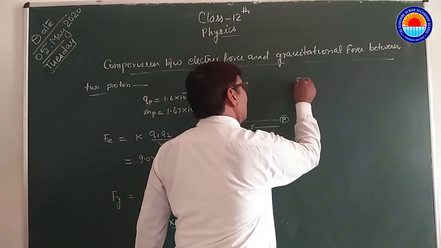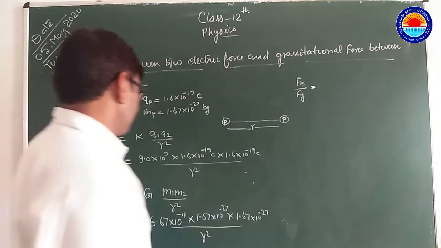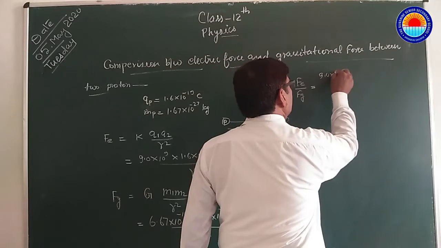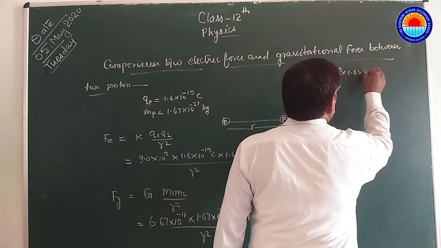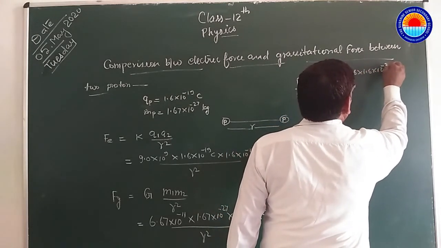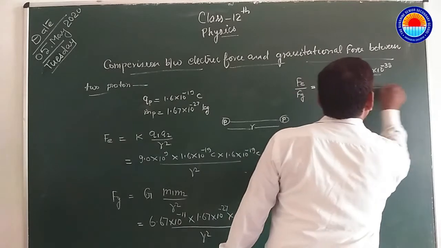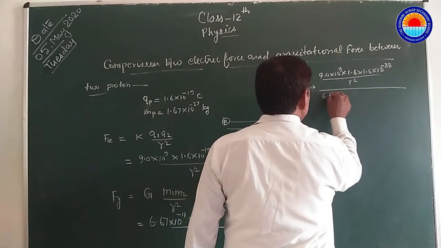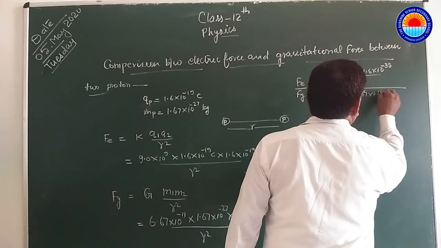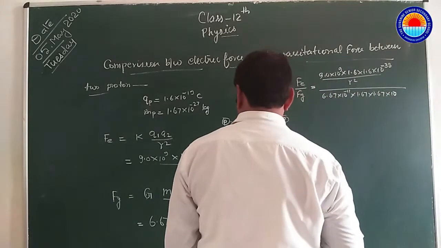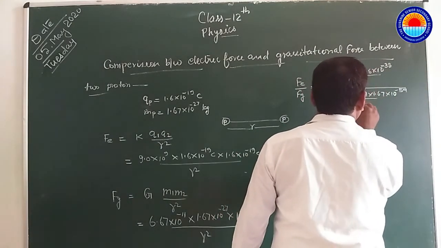Then we may find FE divided by FG. It will be equal to 9.0 into 10 to the power 9 into 1.6 into 1.6 into 10 to the power minus 38, this whole divided by R square, whole divided by 6.67 into 10 to the power minus 11 into 1.67 into 1.67 into 10 to the power minus 54 divided by R square.